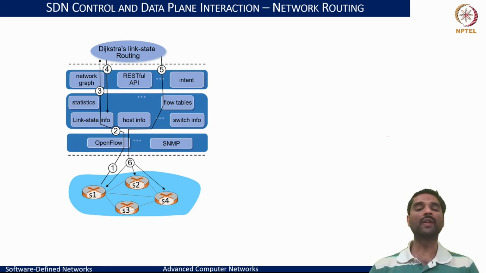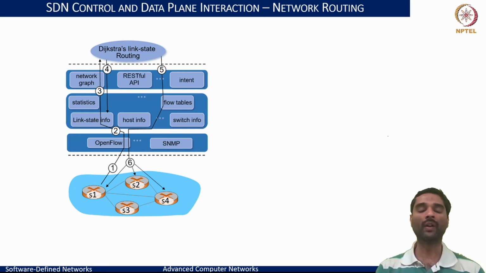So we can clearly see that, unlike typical link state routing where all of the routers have to flood, now there is no need for these routers to flood any packets amongst them to build the topology information. Instead, they would all communicate their status, in terms of port status and connectivity link information, to the controller.